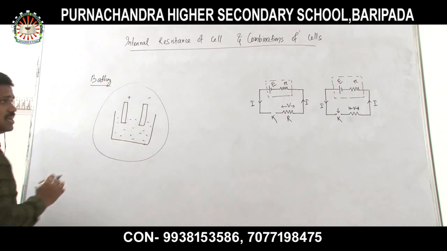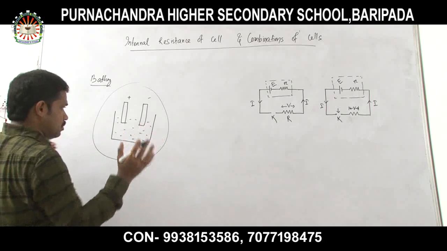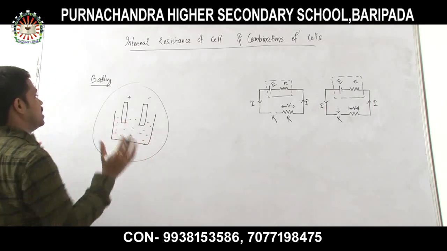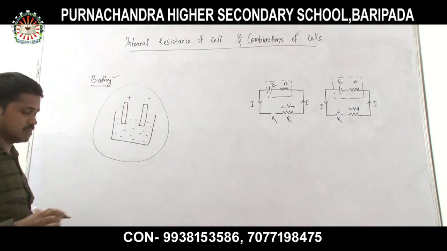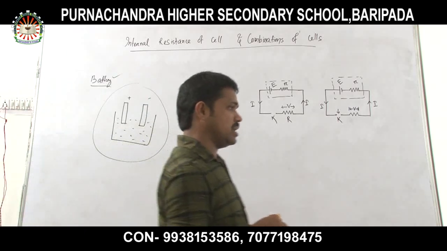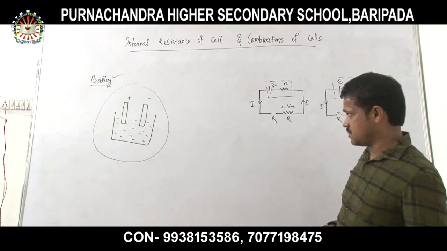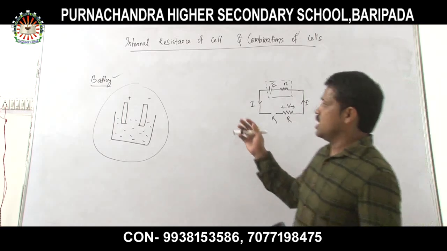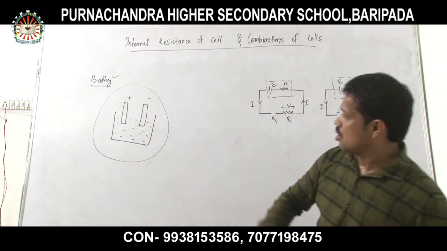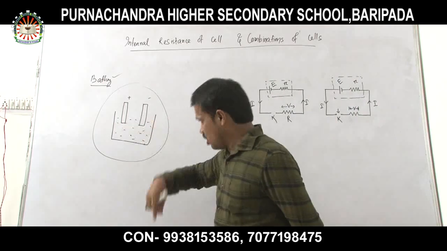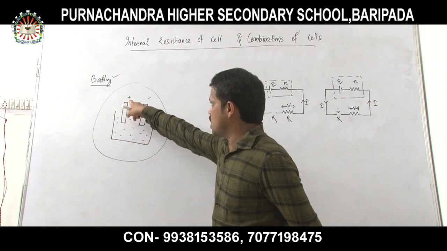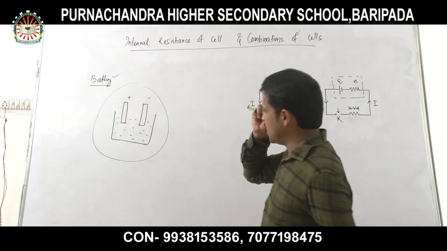It's very important. By joining or combining these cells, we get a battery. So a battery is nothing but a combination of cells. A cell contains two electrodes, one positive and another negative.